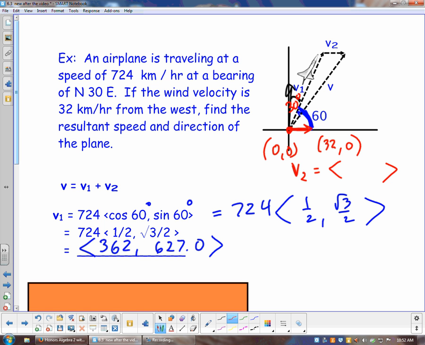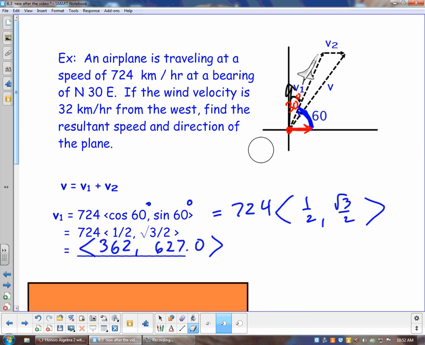Is it 32, 0? Wait, scratch that. Let's start again. If we want V2, let's do it the same way we did this. We had 32 as the magnitude, right? And then it's going to be cosine of what, comma, sine of what?